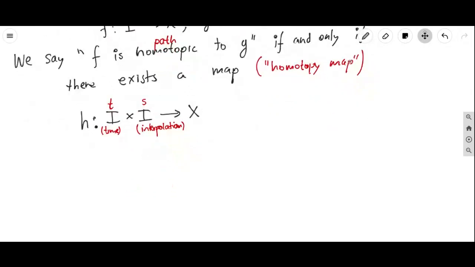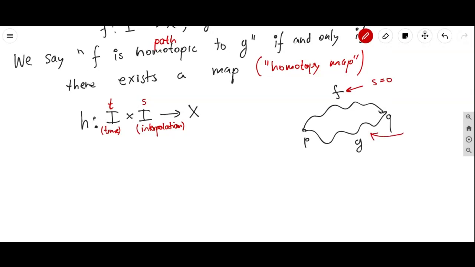And I'm going to draw a picture here. Here's your point P, here's your point Q, this is F, this is going to be G, and the way you get F is when you set S equal to 0. And the way you get G is when you set S equal to 1.